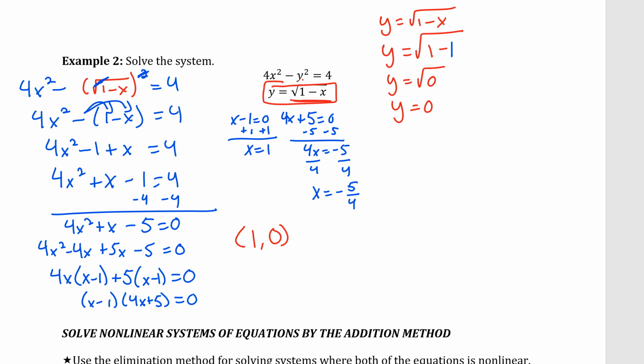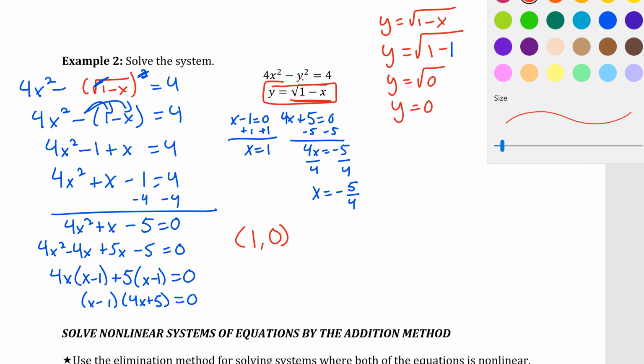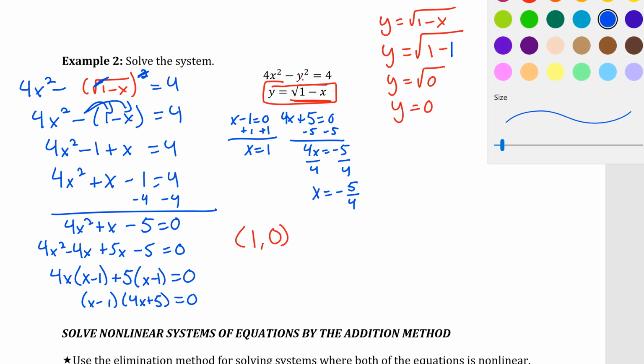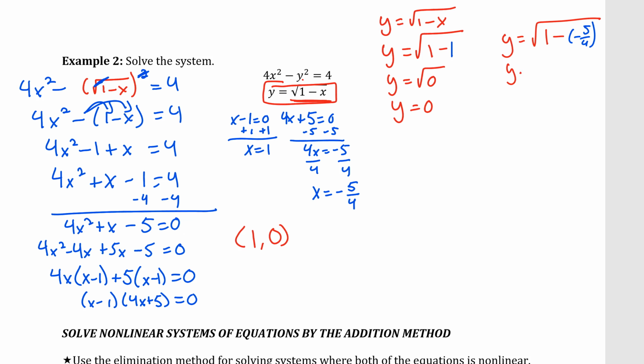Now plugging in the negative 5/4. So we have y is equal to the square root of 1 minus a negative 5/4. So a negative times a negative actually gives us that positive. So 1 plus 5/4.